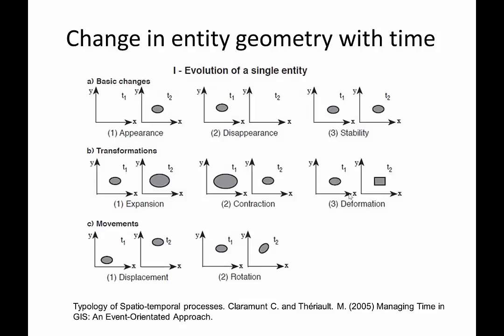You could have one polygon that has two centroids, one at time t and one at time t2. Or you could have two polygons, one for each time period. So you can see that there are alternative ways in which you could model the same change in a database.